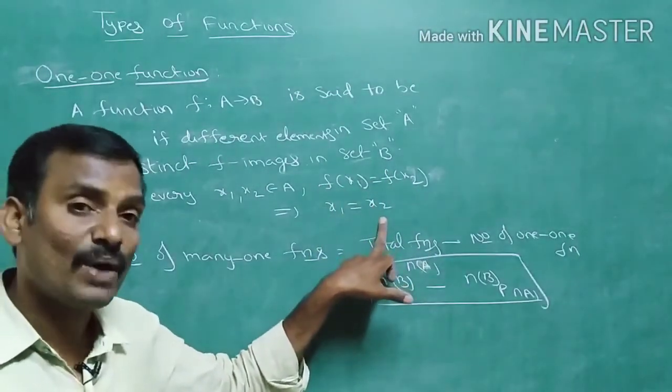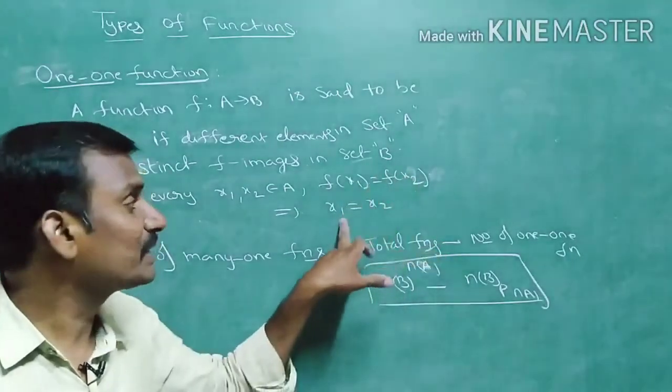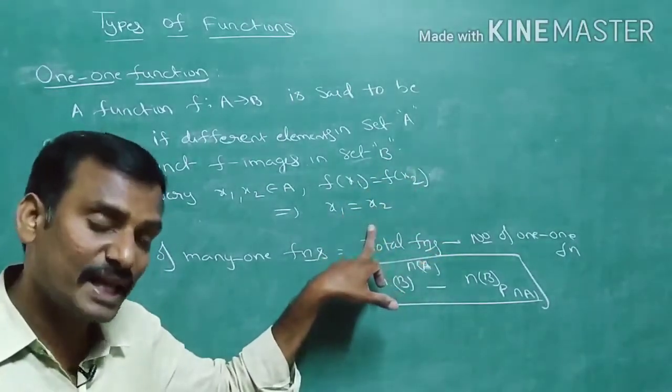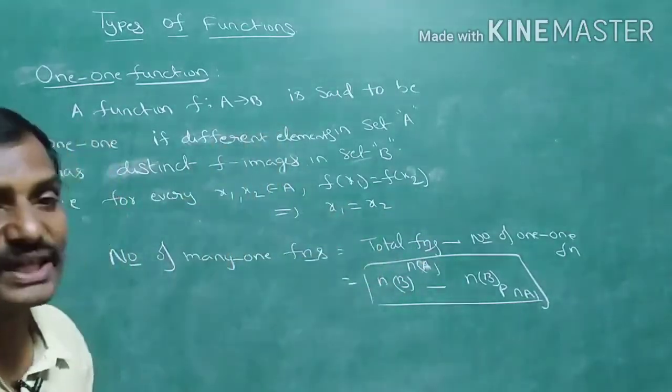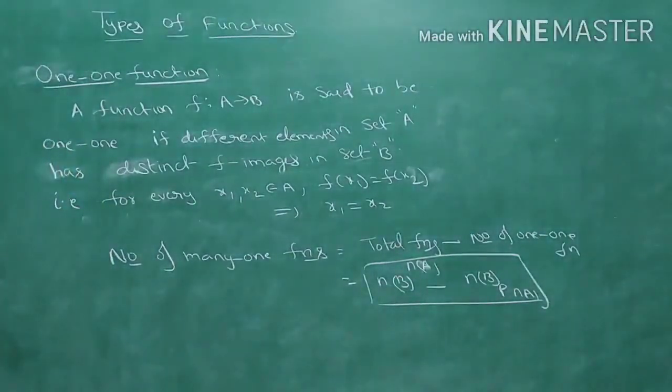If the corresponding images are equal, then the elements must be equal. In this case, the function f is one-one. This is the one-one definition.